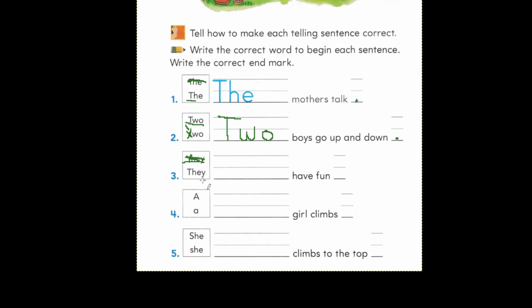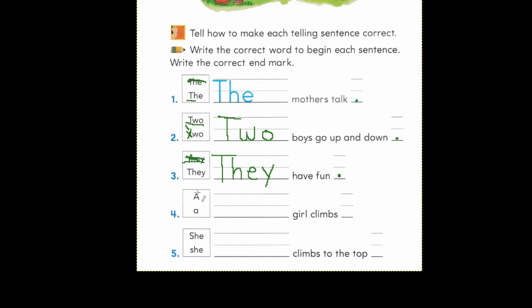So it's going to be this one, they, with the uppercase T. So let's write that in. They. T H E Y. They have fun. And then remember our second part of a telling sentence, you need a period right there. Very easy.